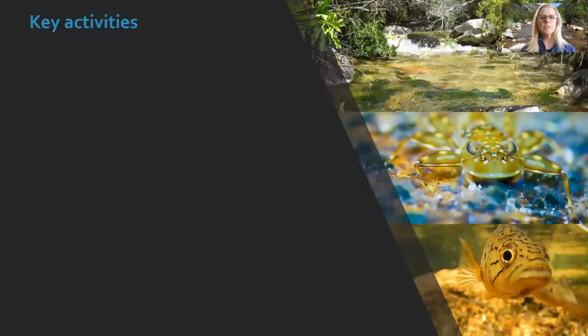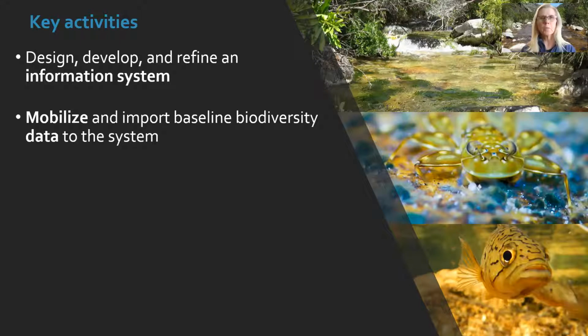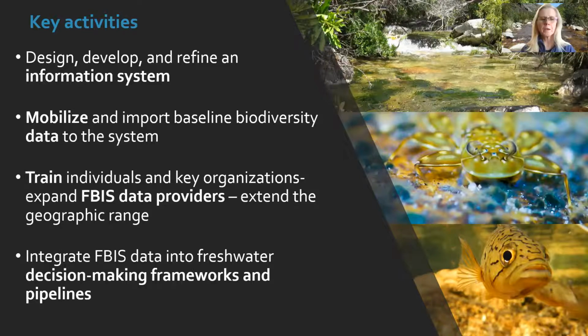The key activities in FBIS are obviously first and foremost to design, develop and refine the information system, which obviously is already in version 3 phase, to mobilize and import baseline biodiversity data into FBIS, to train individuals and key organizations to become data providers, and in this way expand the range of data served and the geographic range of the data. Lastly, to integrate the outputs, especially the data of FBIS, into freshwater decision-making frameworks and pipelines.